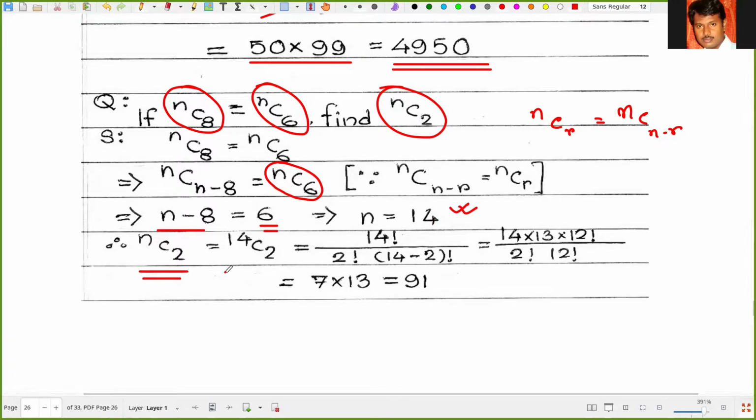So nC2 is equal to 14C2, or 14 factorial upon 2 factorial into (14 minus 2) factorial. Then 14 factorial means 14 into 13 into 12 factorial, and we can divide out the 12 factorial. That gives us the result as 7 into 13, or 91.